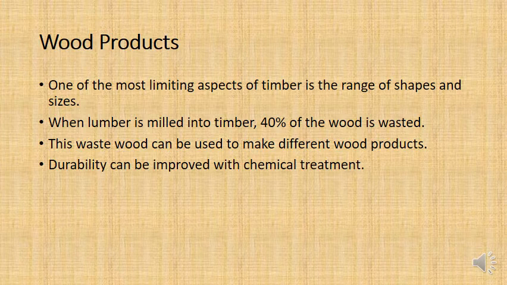The other big problem is that when you have lumber, you've cut down a tree, and you're trying to mill it into timber, what a lot of people don't realize is that 40% of the wood is wasted. That's wood on the outside, sapwood, bark, offcuts, branches. There's a lot of waste. Now, we've got these two problems here, and they can basically be combined to create a solution called wood products.